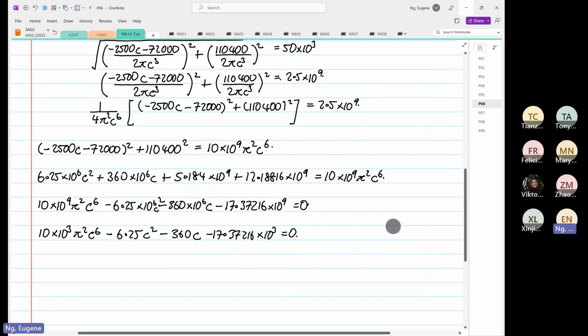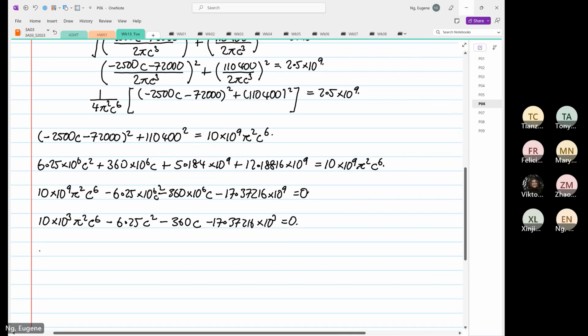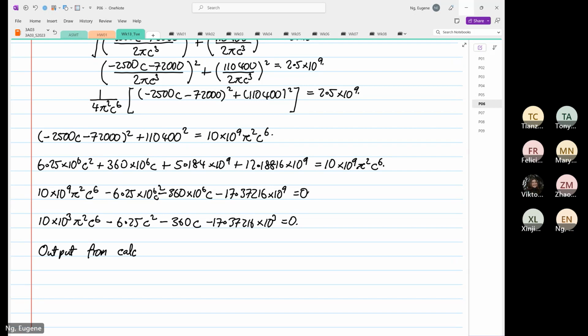So when you solve it, you get C, the output from the calculator, C is equal to minus 0.7466 inch.